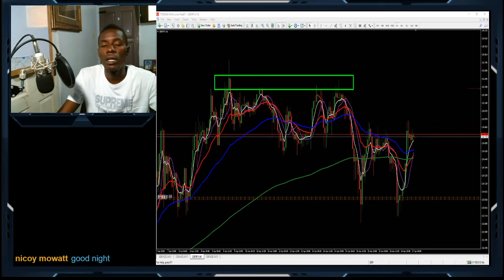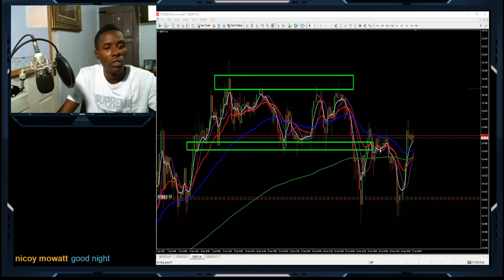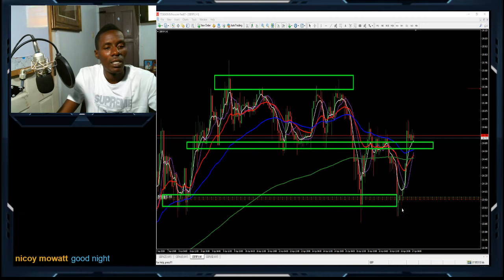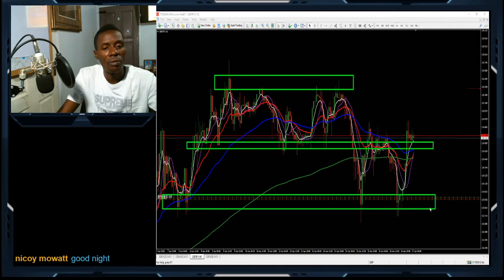Let's use green. Resistance right there, hit roof. I'm gonna draw this straight across the board. Cool. Resistance. So this broke down because I had some support right there. So guess what? Let us change the color now. This is a similar example to what I'm giving you with the gold.